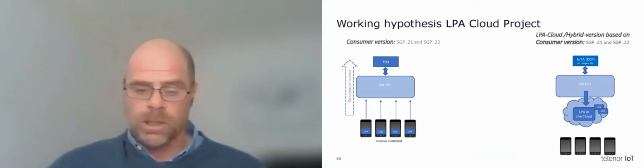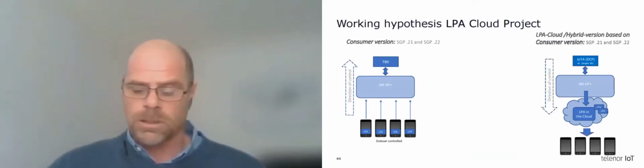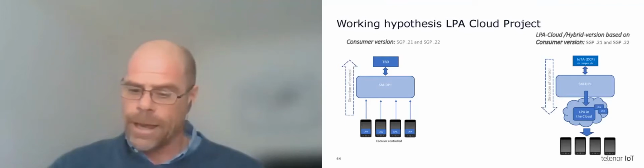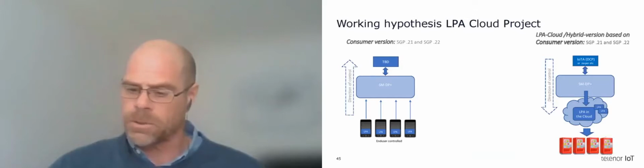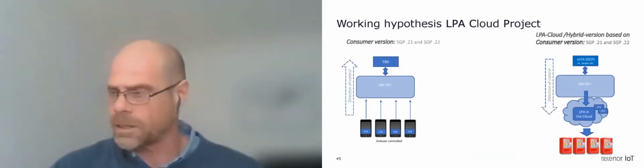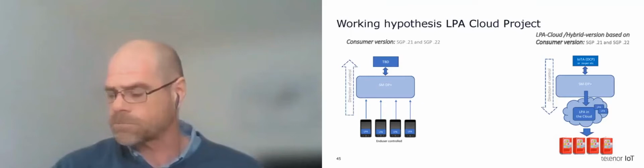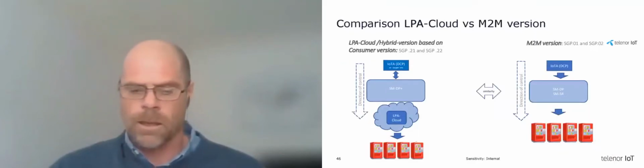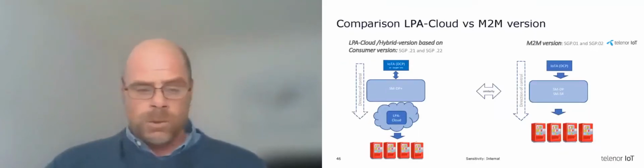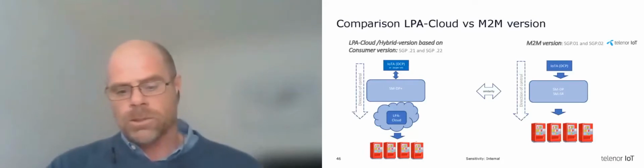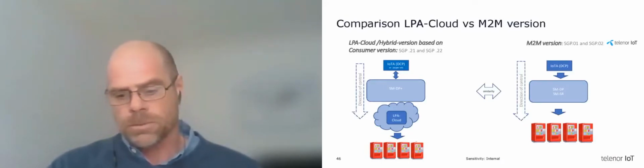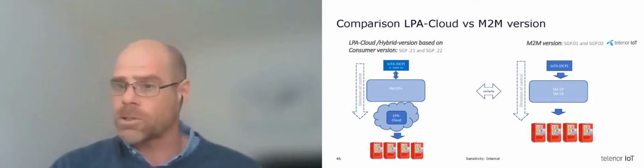If we succeed, you now see that we get the possibility to change the direction of control, and also change the consumer-related products to M2M related products. So if we now compare the LPA Cloud version based on the consumer version, we now see a lot of similarities compared to the M2M version.